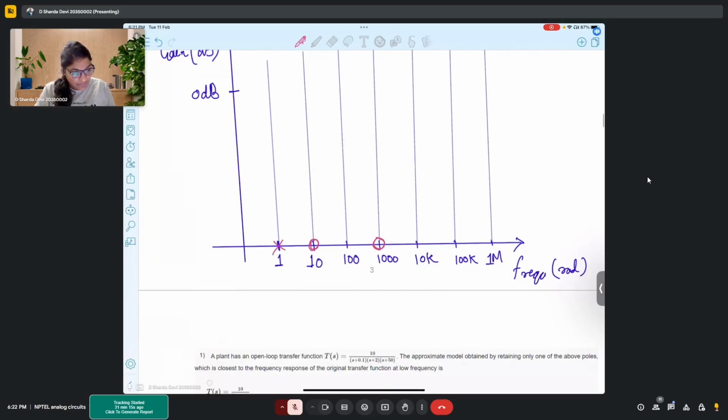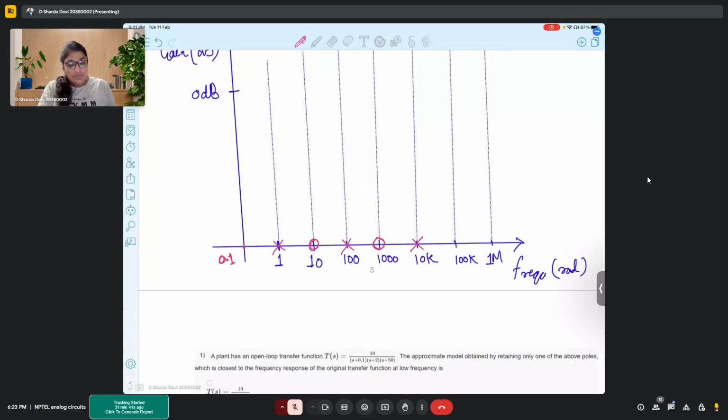So we have one pole at 1, another pole at 100, and a pole at 10,000. Okay, so since this particular graph has a decade scale, so let's consider that this graph is starting from point 0.1 radians frequency. Okay, just as we need to start somewhere, right?